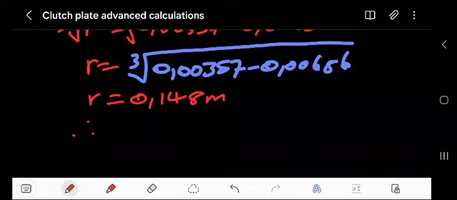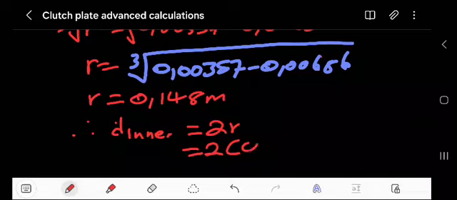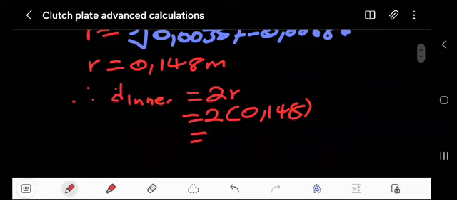Remember, that is the radius, but they said we should calculate the inner diameter. They wanted the inner diameter, so the inner diameter is 2r. This will be 0.148 multiplied by 2, which gives 0.296 meter.